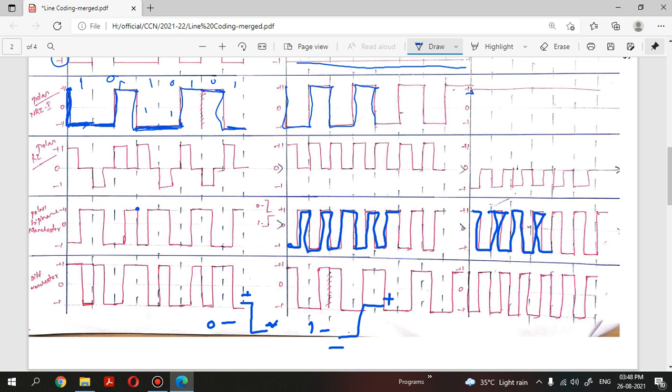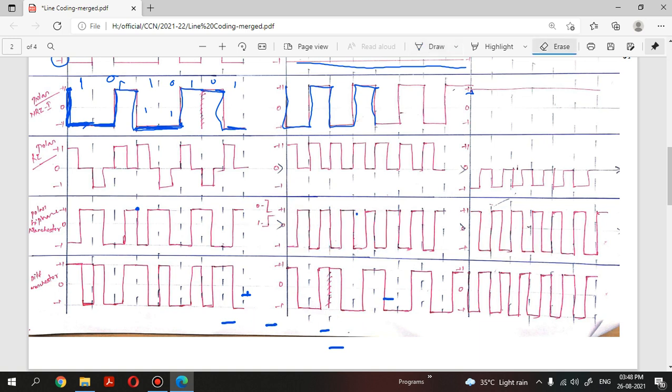So this is how Manchester encoding is done, right? The important point you want to note down here is this graph pattern, right? So for 0 I need to maintain from positive to negative, and for 1 from negative to positive, right? So this is how it needs to be done.